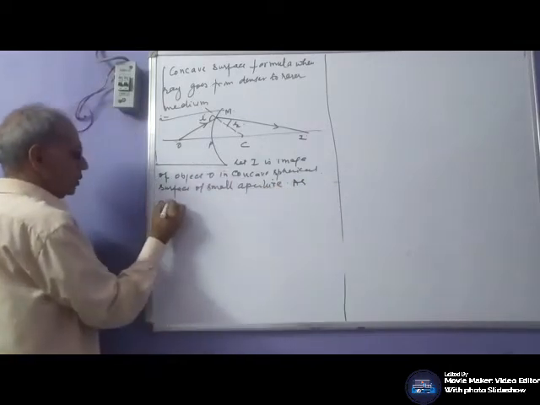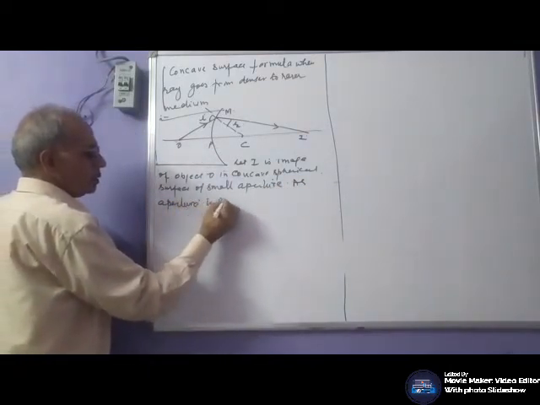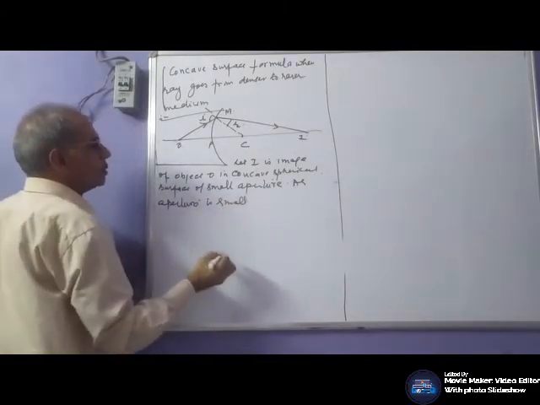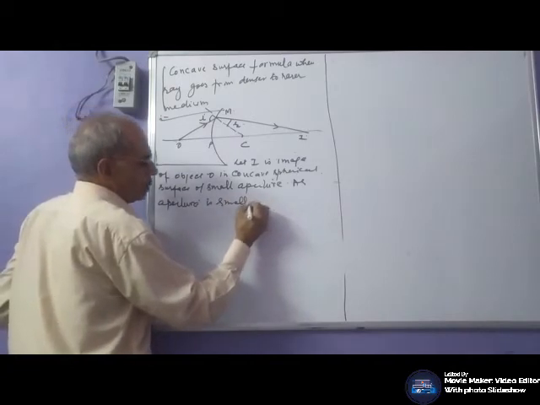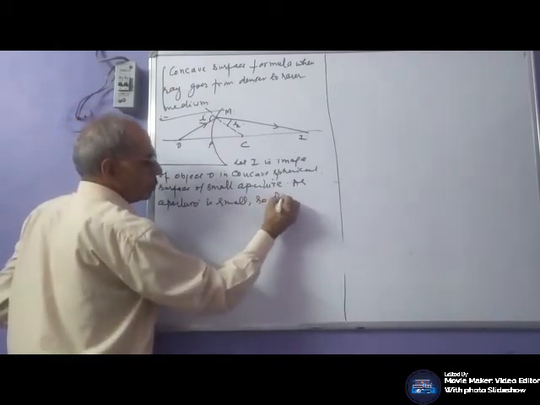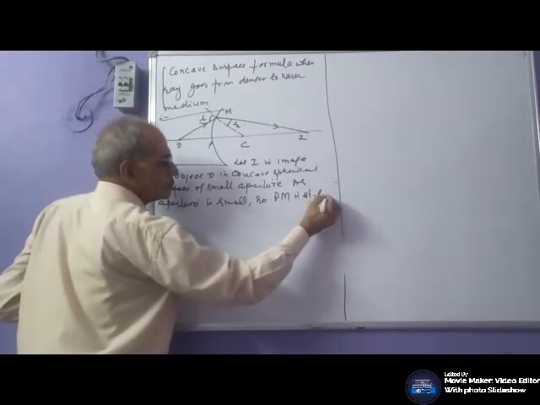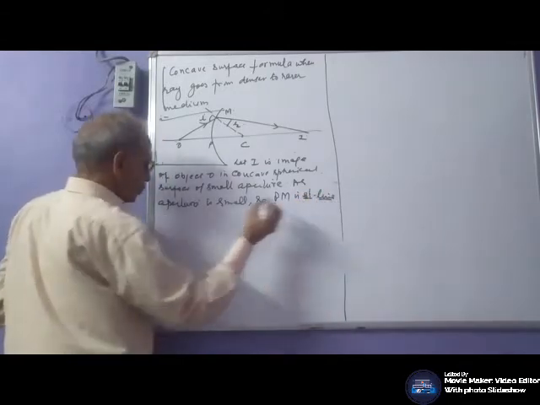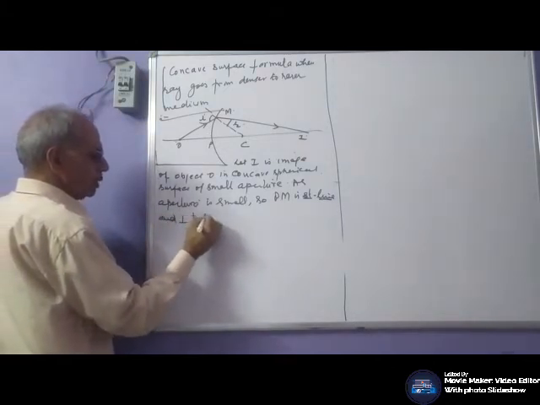As the aperture is small and the point is nearly here, PM is a straight line and perpendicular to the principal axis.